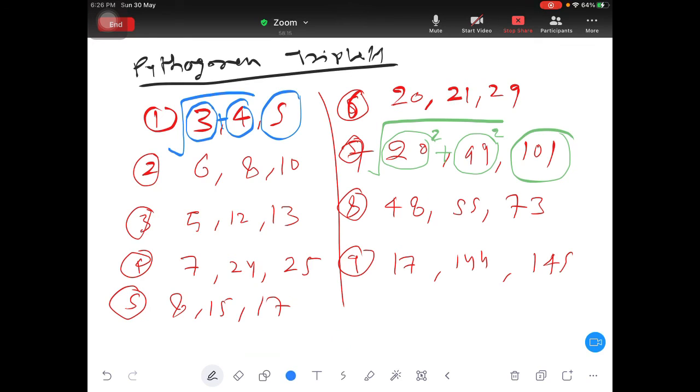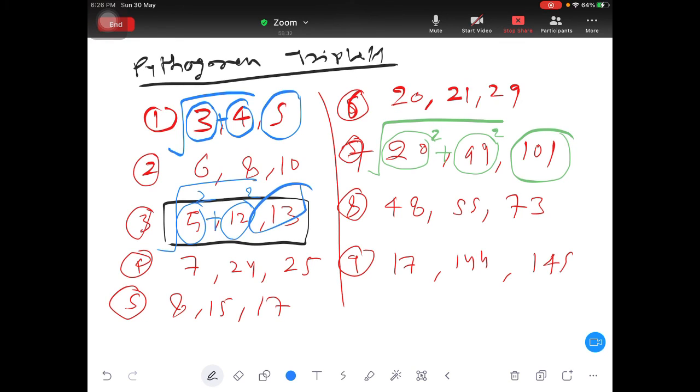If a triplet is given, find the smaller numbers. So 5 and 12 are smaller; square them, add them and take the square root, not the cube root, only the square root, then you will get 13. Done?